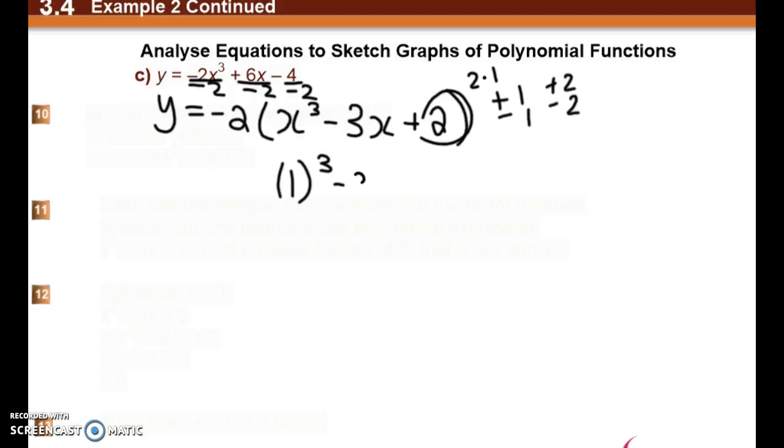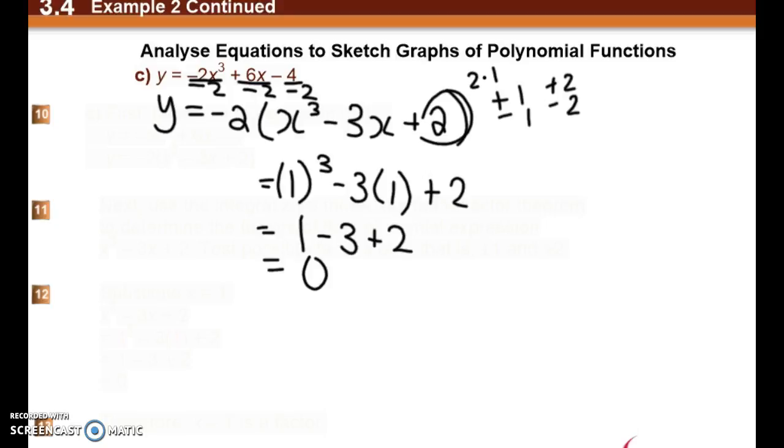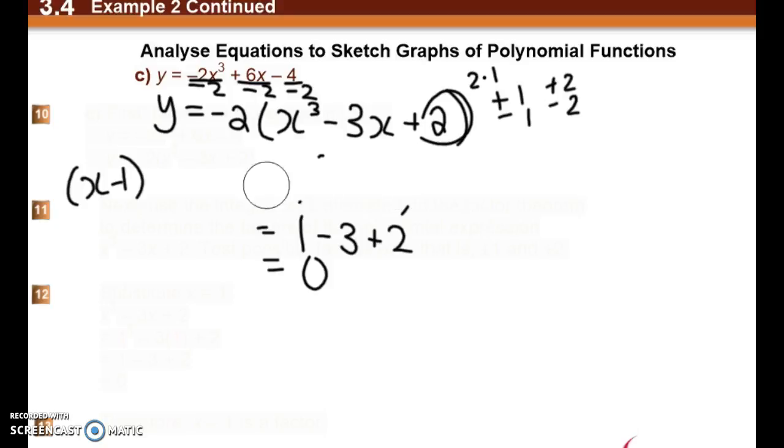So say I put 1 in. I'm going to get 0. So that means 1 is a factor. So that means that this guy would be a factor of this equation.